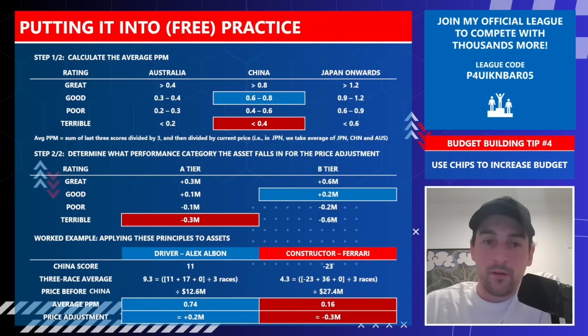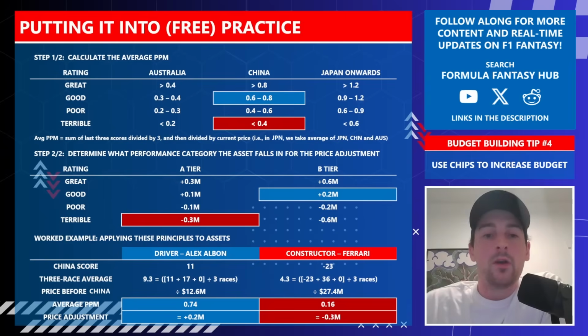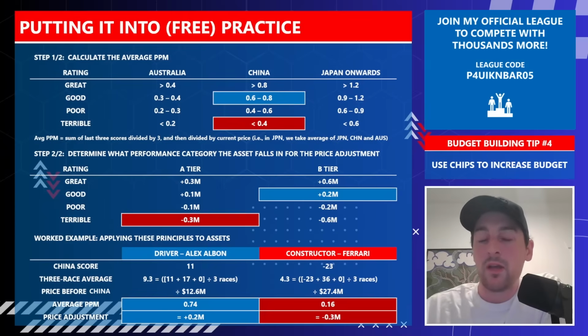Step 1 of putting this into practice is to calculate the average points per million. As I've pointed out already, we've got 4 different thresholds in each of the different races, and the Japan onwards column will be the threshold that each driver and constructor is required to meet to satisfy that price increase or decrease.